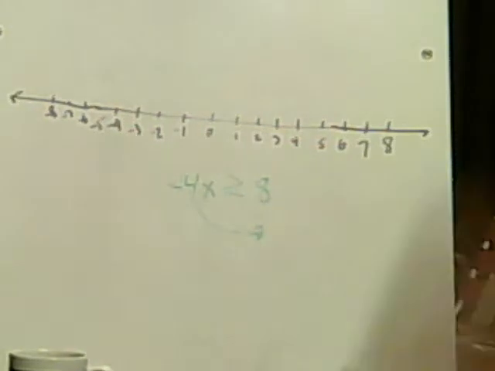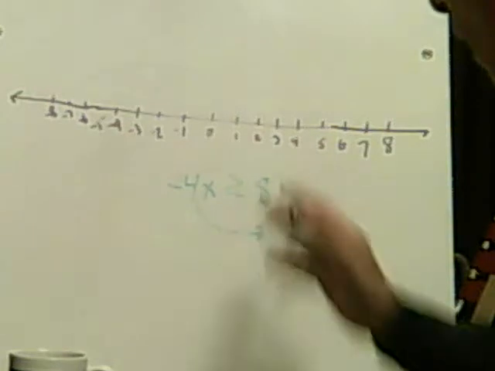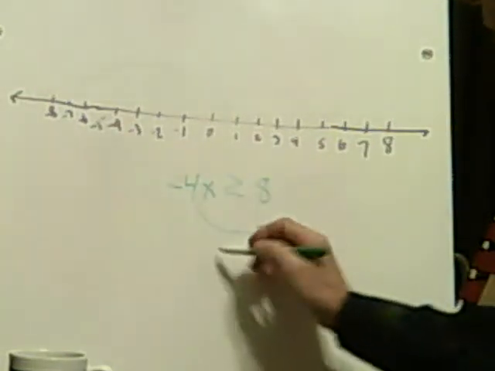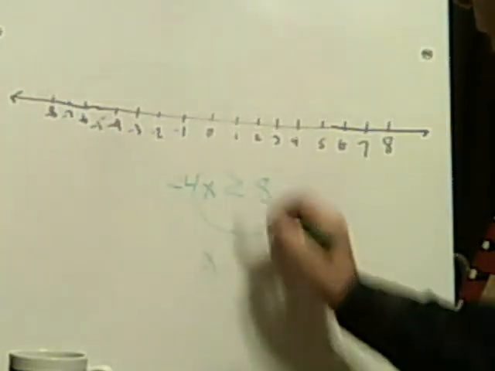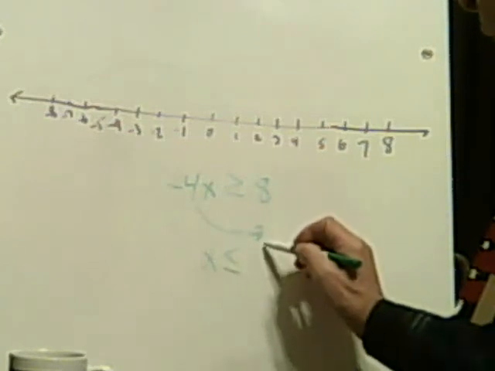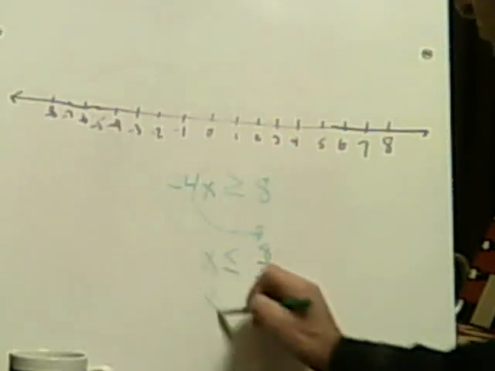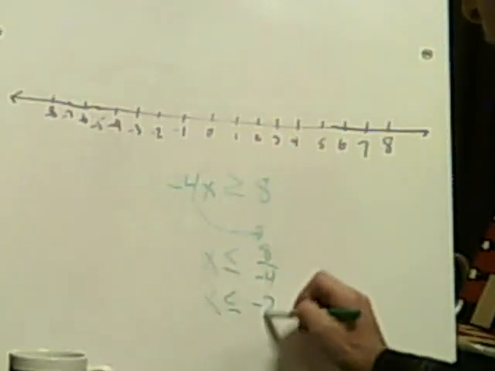And here's where it's a little bit tricky. When you multiply both sides by negative, you actually have to change. So this is going to come out to be x less than or equal to 8 over negative 4, which is x less than or equal to negative 2.